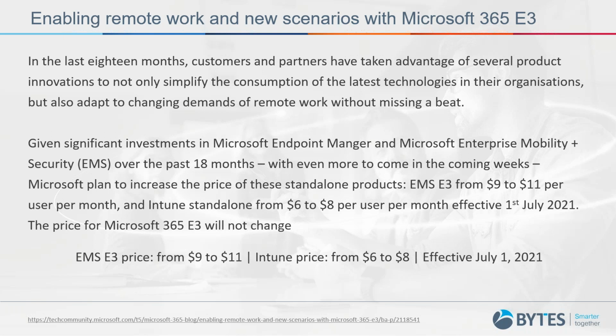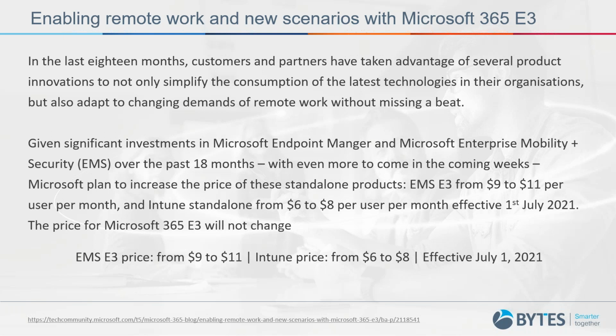We are told that the price of Microsoft 365 E3 won't change, even though EMS and Intune are components of M365 E3, and also there's no mention of any price changes to E5 either on that front.